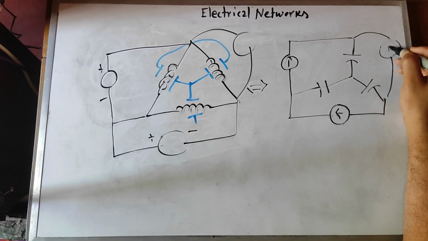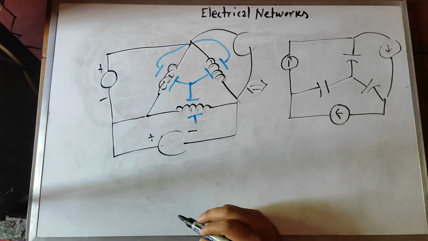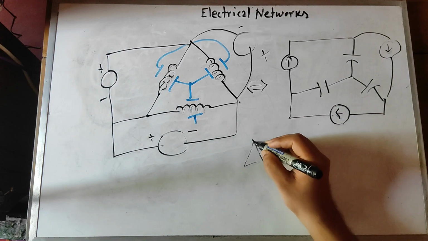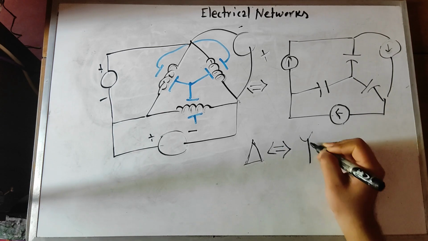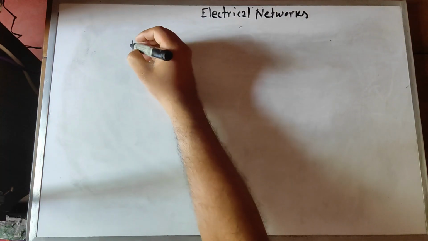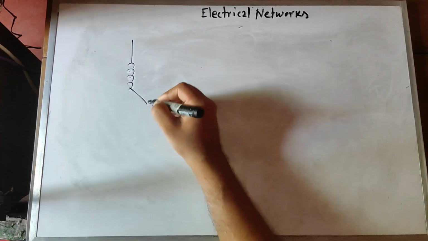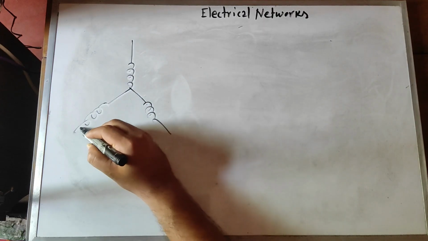So this is the current source. The dual of delta connection is Y, so delta is the dual of Y and vice versa. Say I have Y connected inductors.